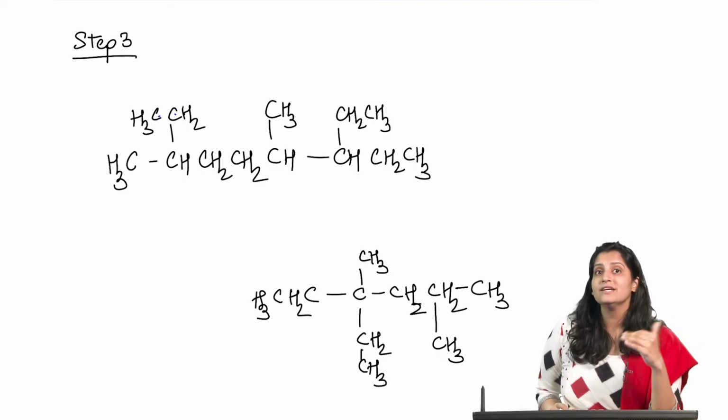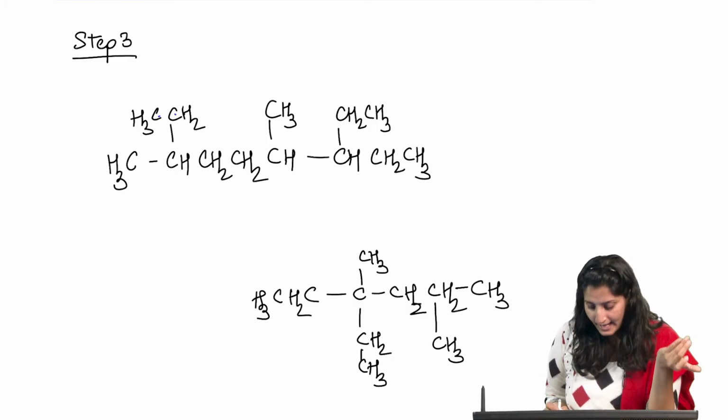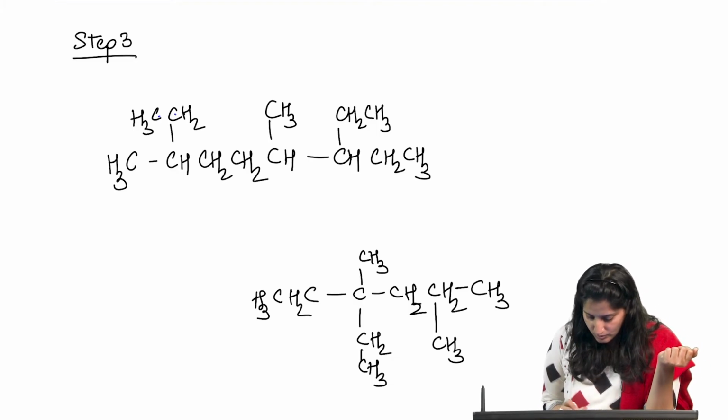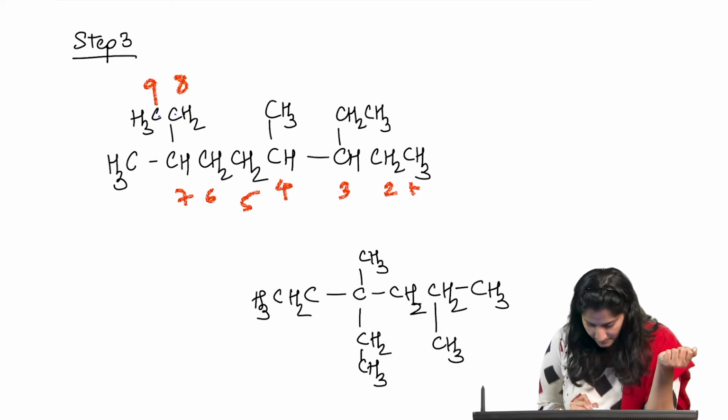Okay. So, now let us try to solve this particular problem. In this case you have 9 as your parent carbon. So, in fact you can start from here, which will give you 1, 2, 3, 4, 5, 6, 7, 8, 9. Okay.